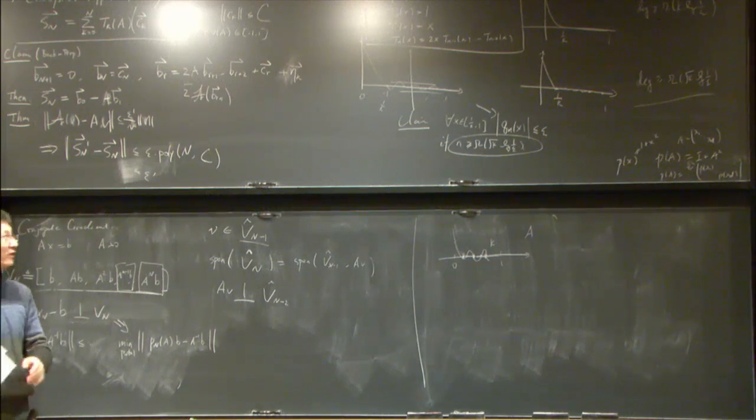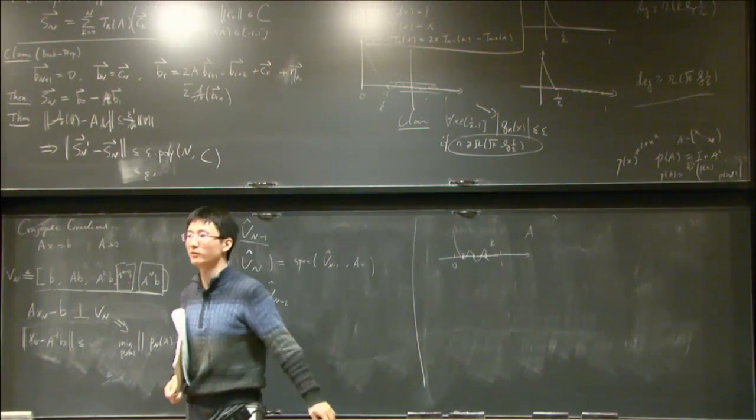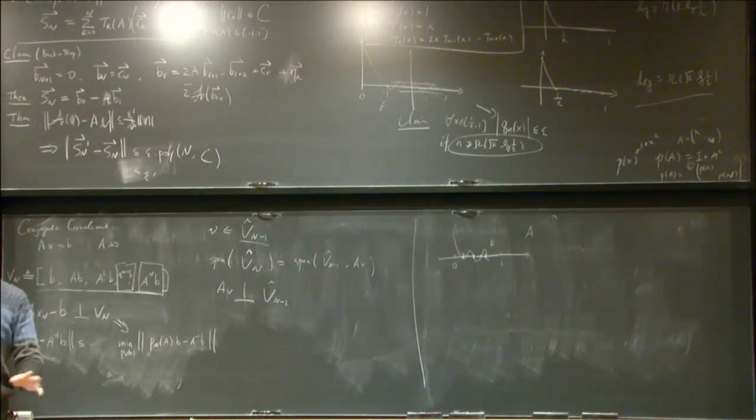In the end, one has to more or less use the Chebyshev polynomial thing. But in practice, if it's like 20 iterations, it works. But more than 20, maybe not. Something like that, yes.